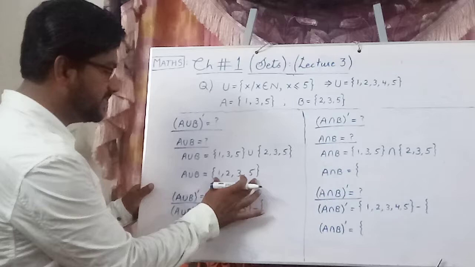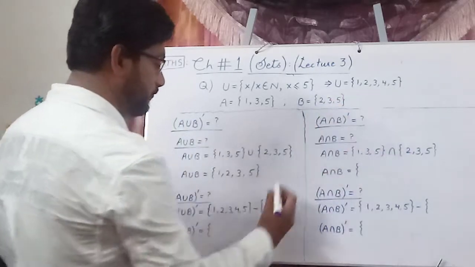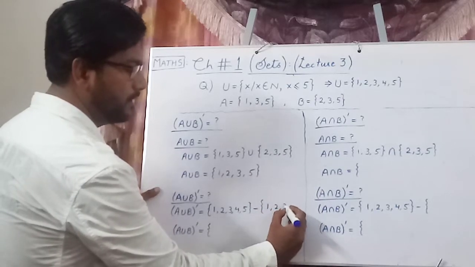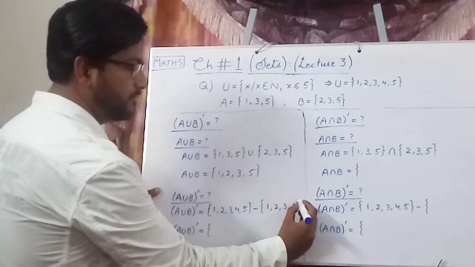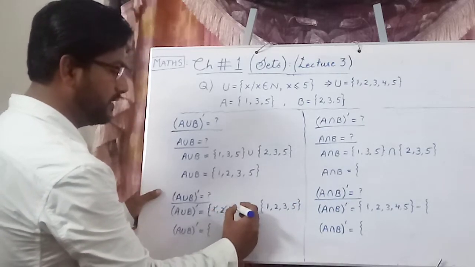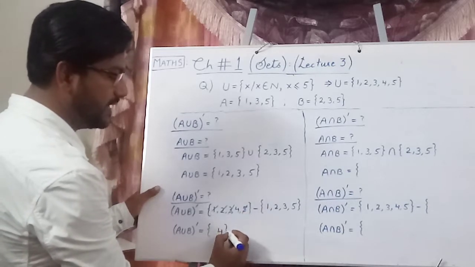So we subtract this answer of A union B from the universal set 1, 2, 3, 4, 5. When we subtract 1, 2, 3 and 5, only 4 will be left. So 4 is our answer.